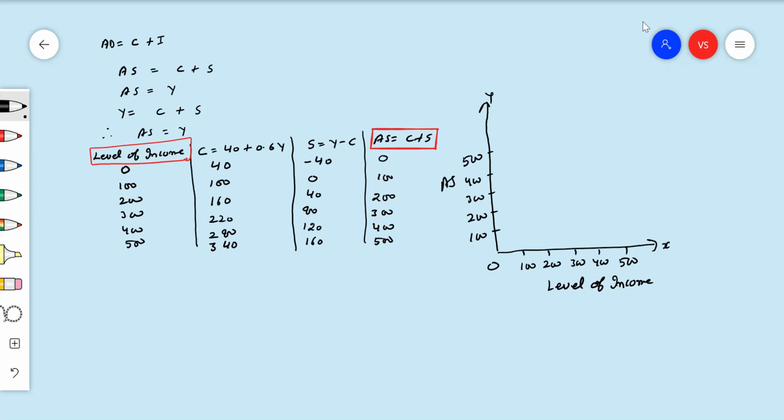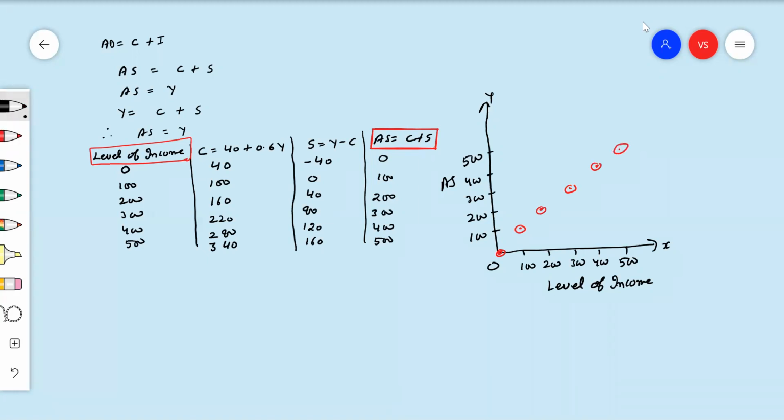Now put the values. Look, at the level of 0 income, AS is 0. So it will be here on this level. This is the point. Now 100 to 100, 100 income, 100 AS. So it will be here. This is the point. Now 200 to 200, 300 to 300, 400 to 400, and 500 to 500.